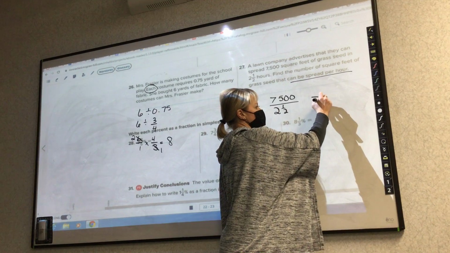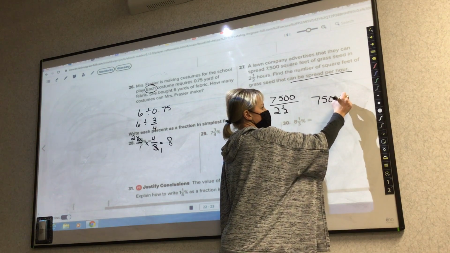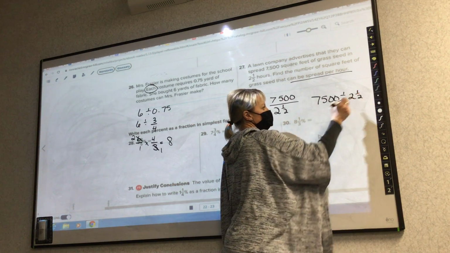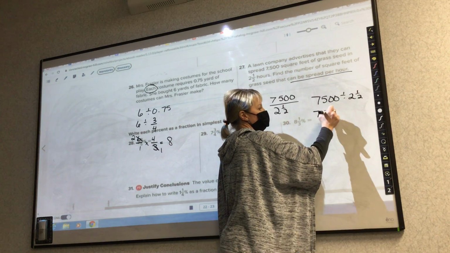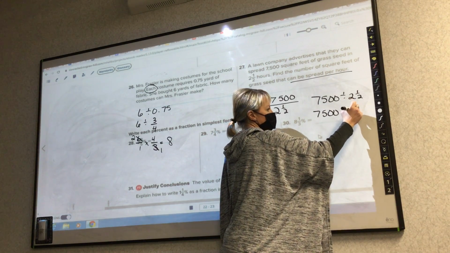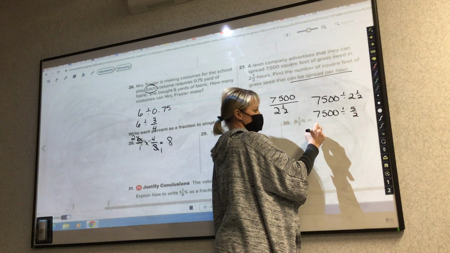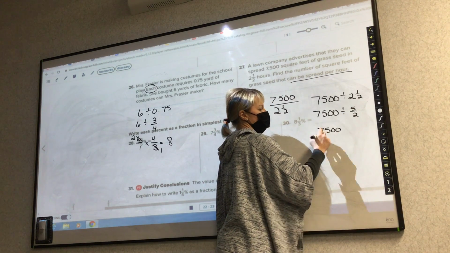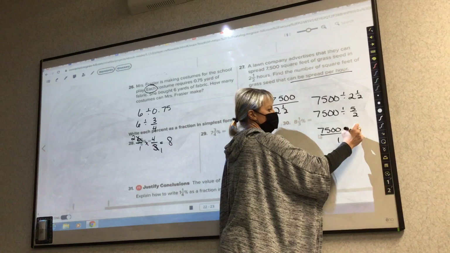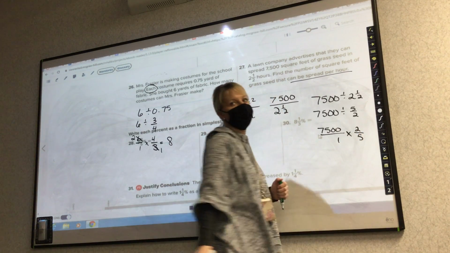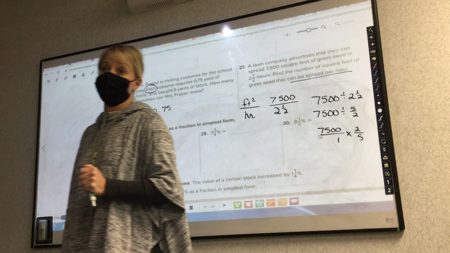Then I'd have 7,500 divided by 2.5. And then I write 7,500 divided by 5 over 2. Then I get into keep, change, reciprocal. And then you can finish it from there.